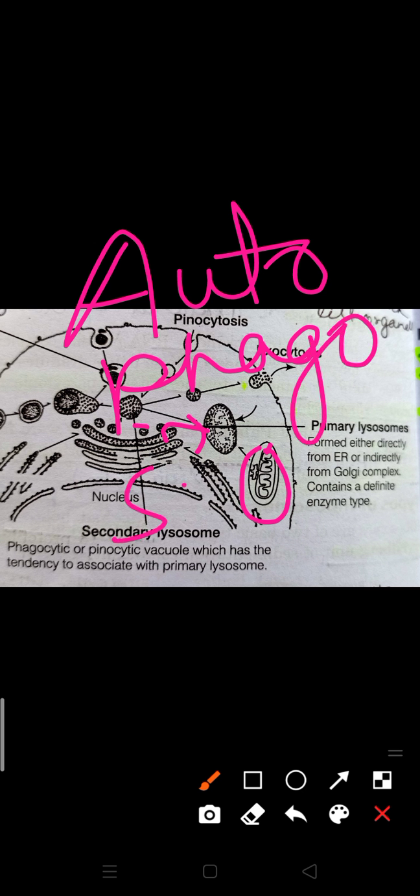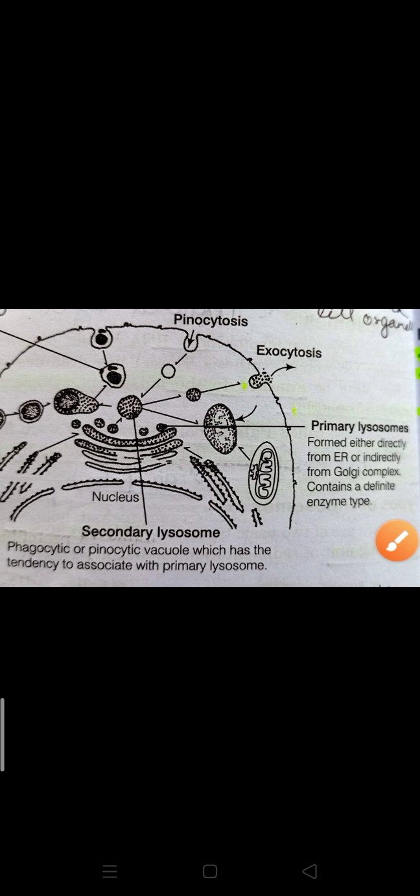Okay, so overall we can say how digestion takes place inside the cell. Not only the digestion of foodstuff or food items, but also the digestion of cell organelles. So the lysosome plays a very vital role inside the cell, and all three cell organelles are associated with each other for the whole digestion and absorption process, and also for the transportation of substances.